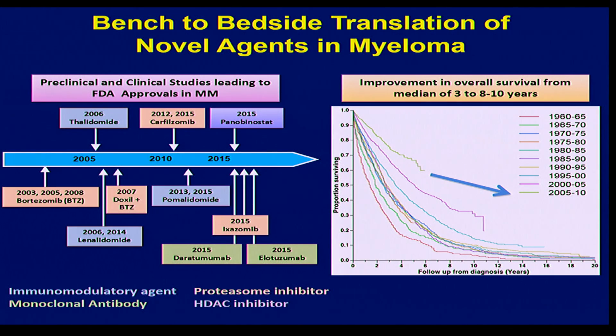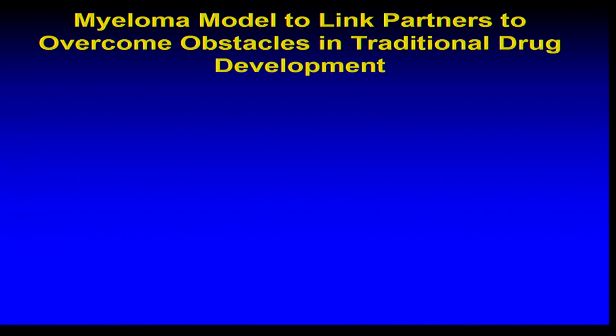That's shown on this picture as well, which shows that in fact, the classes of drugs and when they came along. And this is the survival on the right, and this is only up to 2010. I think it's fair to say that there are some patients now who end up having a normal lifespan, appreciating the value of some of the drugs that we've most recently had approved.